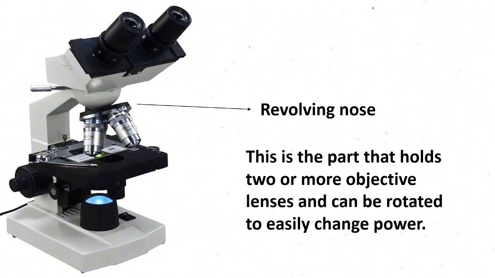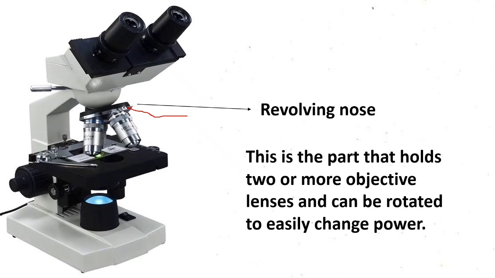The next part, the revolving nose piece. Please don't mind this arrow. I hope you can see where the arrow is pointing. I mean this part. Let me just highlight that for you. This is the revolving nose piece. Now this part actually is movable.